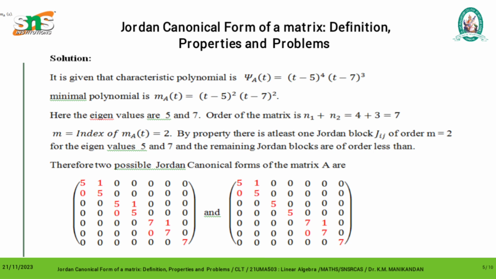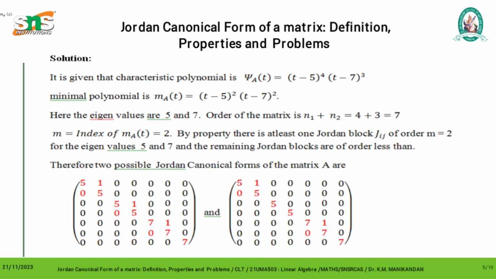The first one is 5 1 0 5, which corresponds to the eigenvalue lambda equal to 5, taken from the minimal polynomial m_A(t) and the characteristic polynomial chi_A(t). In that you will get (t minus 5) to the power 4. So for eigenvalue 5, we have framed one Jordan block.